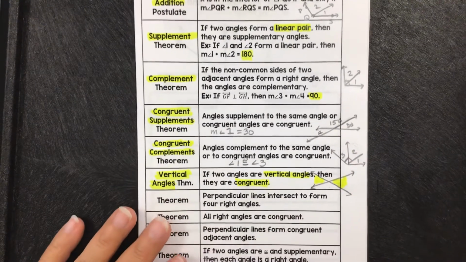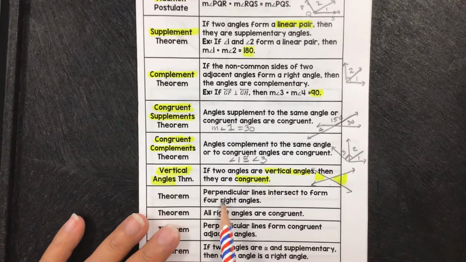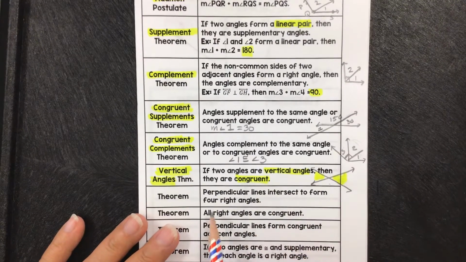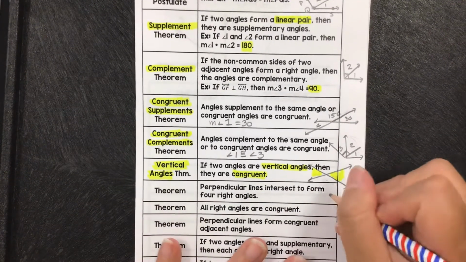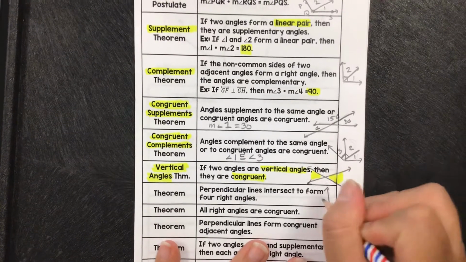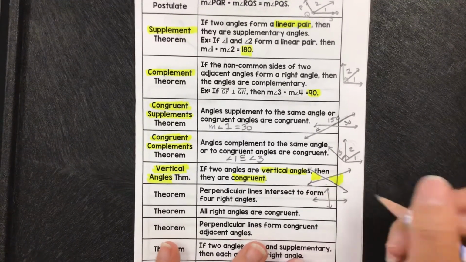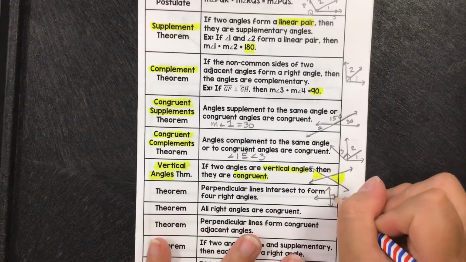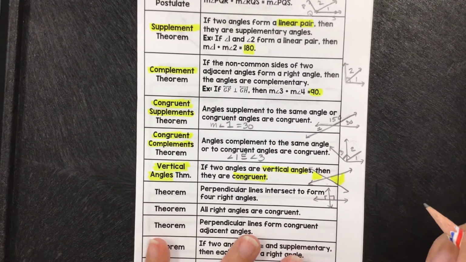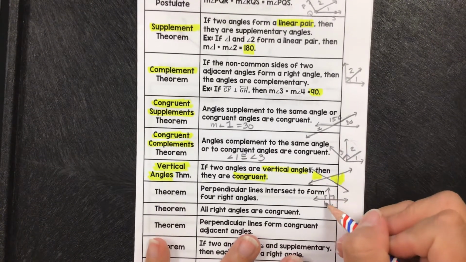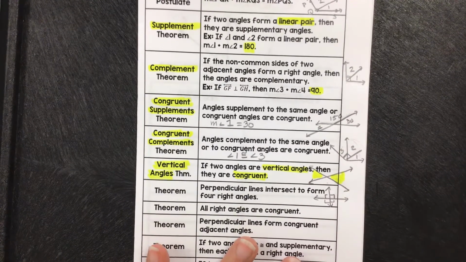The next theorem says perpendicular lines intersect to form four right angles. So when you have two lines that are perpendicular, because you're told, then that means that you have four right angles. This one, this one, this one, and this one right here.